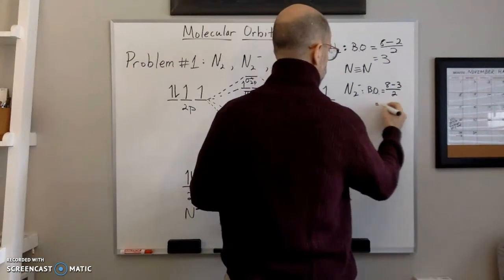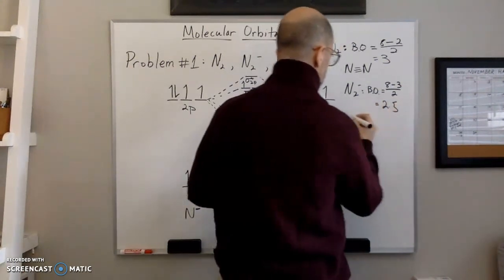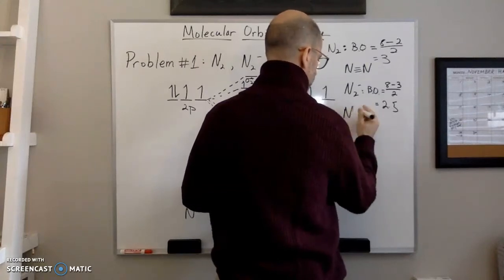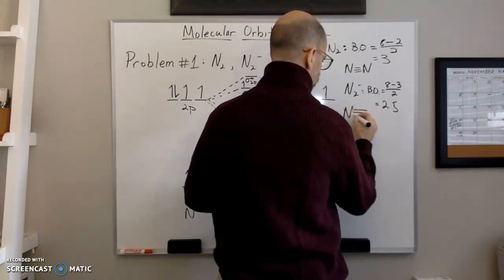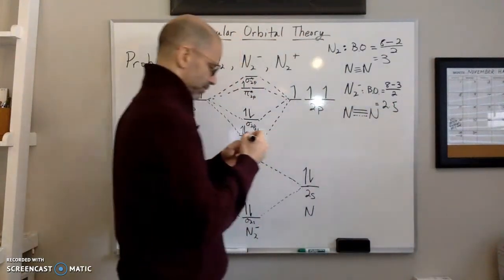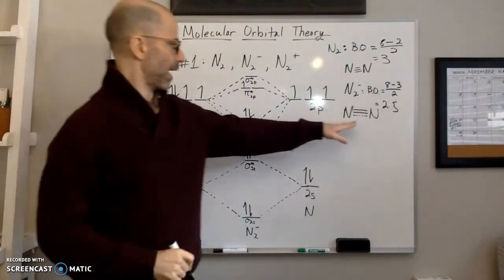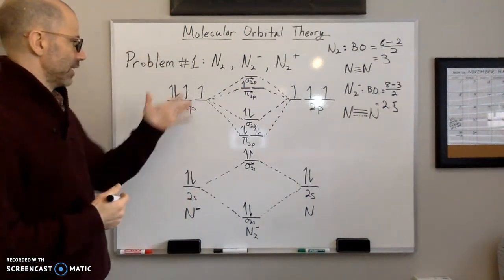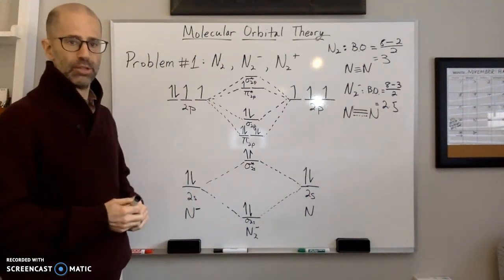So now the bond order is, instead of 3, now 2.5. Right? So now we have a fractional bond here.